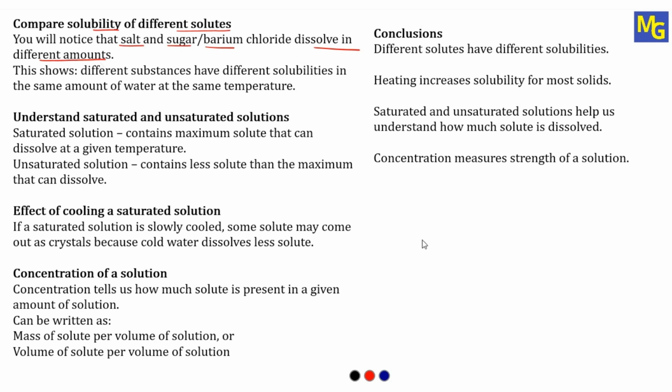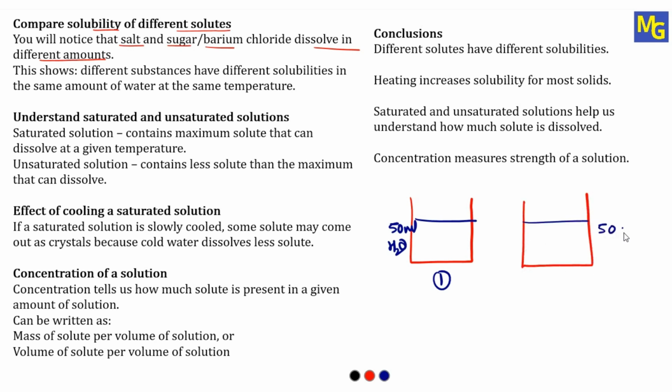Means in the first beaker when you took water, say it is 50 ml, I'll write it here, 50 ml water, that is beaker 1, and in beaker 2 also we took the same, that is 50 ml water, H2O means water, and this is beaker 2.